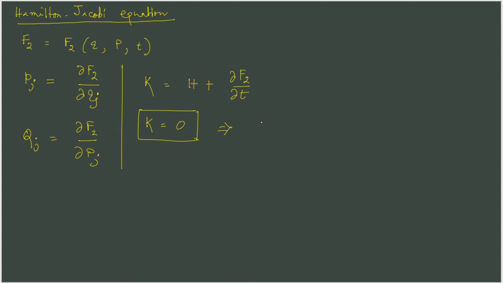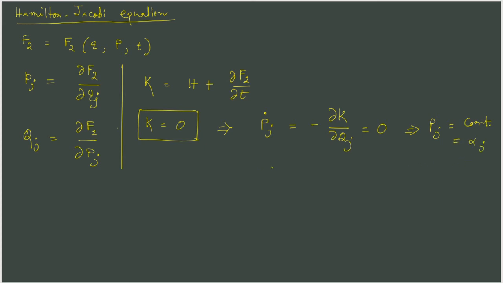some immediate application in terms of the new coordinates. Hamilton's equations would be simply 0, simply because K is 0. So as such, what we get is Pj is nothing but some constant. Let's call it alpha j.